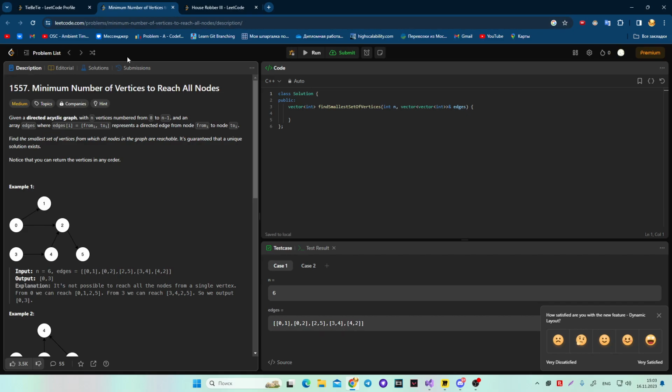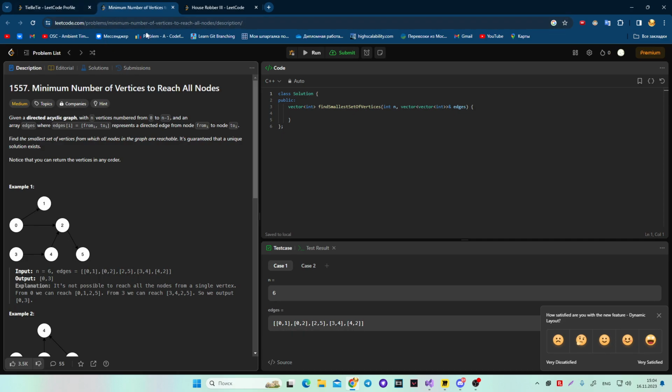By the way, given a directed acyclic graph, it's a forest. No. Okay, what to do?